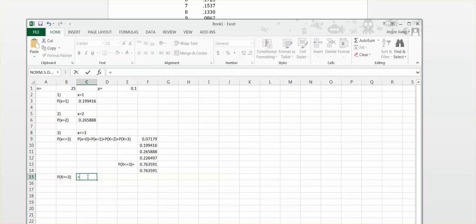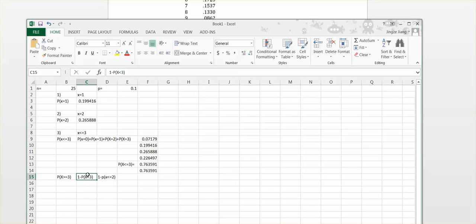We need to use 1 minus the probability of x smaller than 3 to get the probability for x larger than or equal to 3. This is equal to 1 minus the probability x smaller than or equal to 2, because in the case of x smaller than 3, x cannot be 3, since it doesn't include the equal sign.